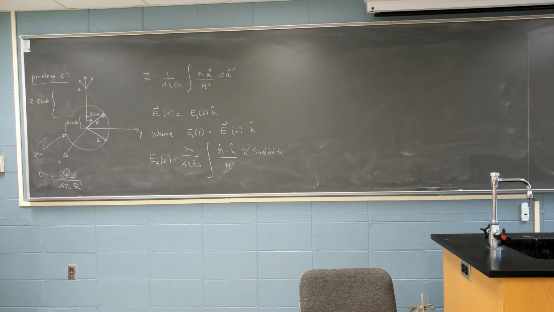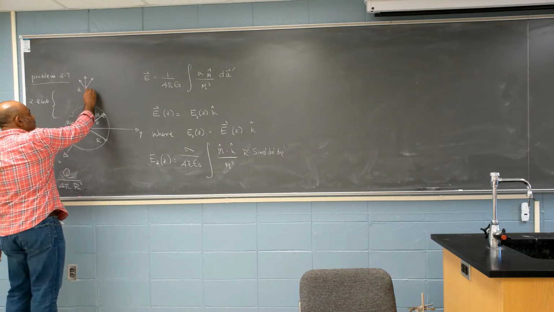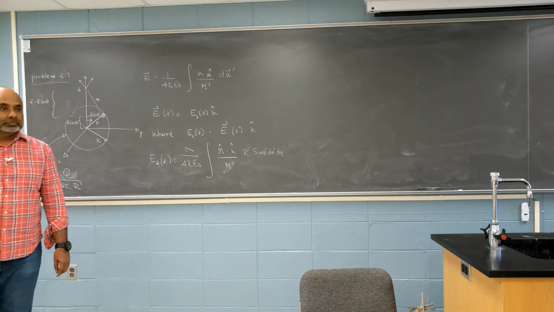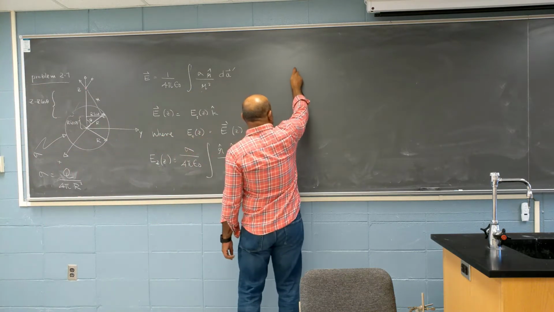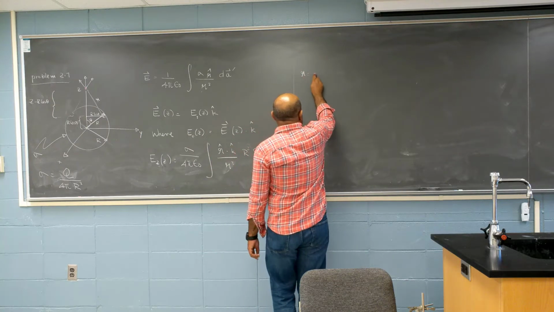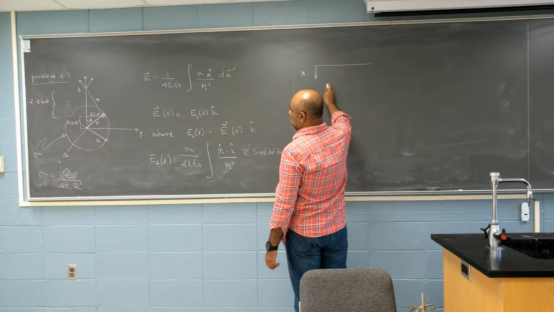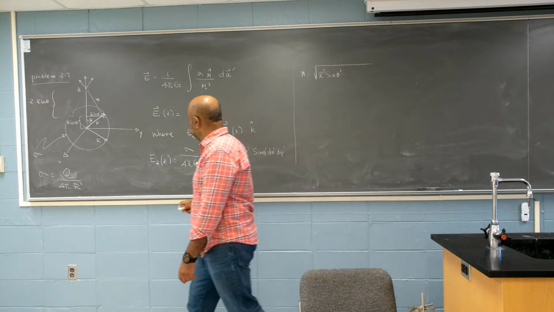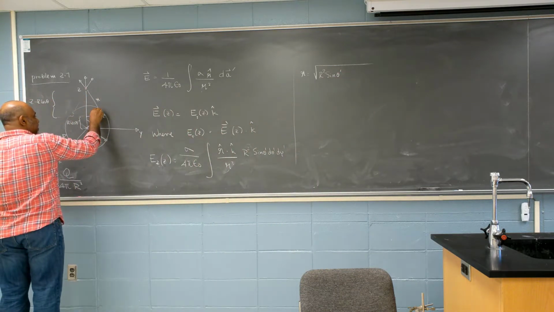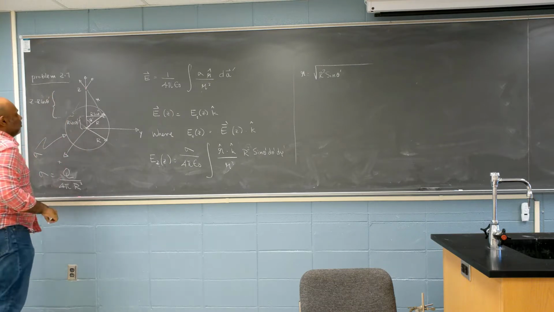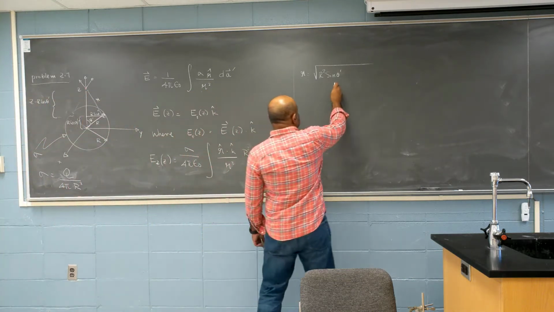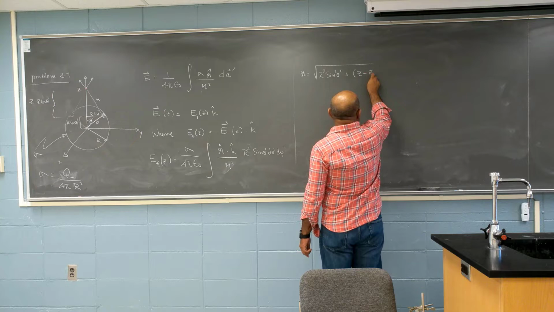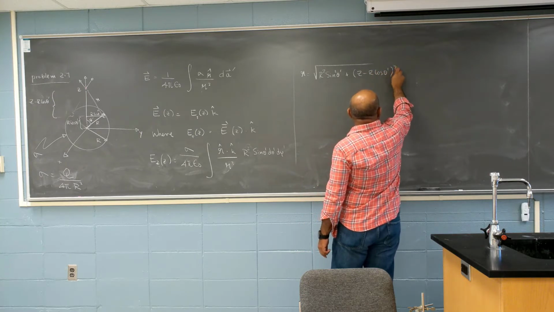Correct? And this length here is that. So in particular, this one, it's just the Pythagorean theorem. It is going to be the square root of r squared sine squared theta prime plus z minus r cosine theta prime, squared.